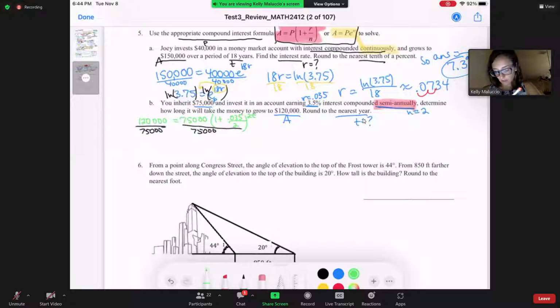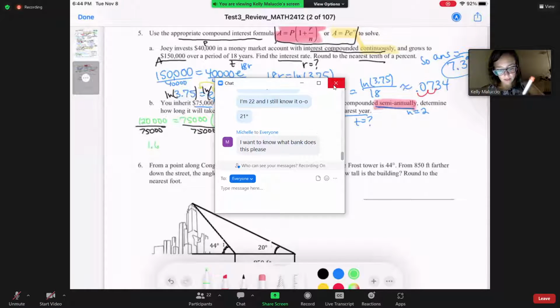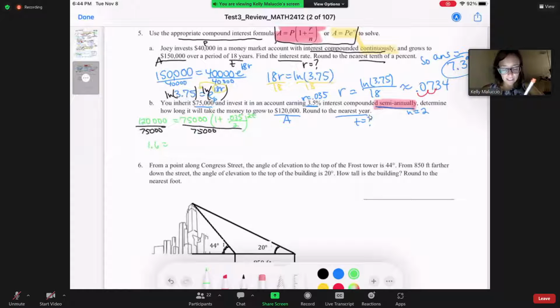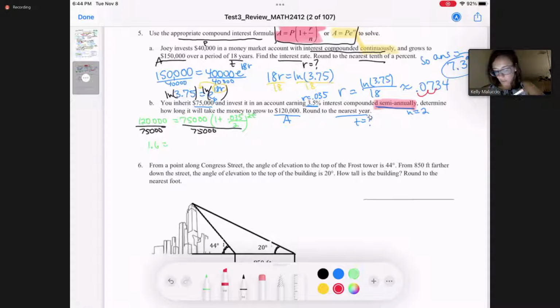Sloppily, but nevertheless, it should be 1.6 on this side. And then I just added, so you do not need to do this, that 1 plus 0.035 over 2, and I got 1.0175. I don't know if it's more annoying to write that or write everything in the parentheses, but either way, then it's to the 2t power, right? And so now we can take ln of both sides.